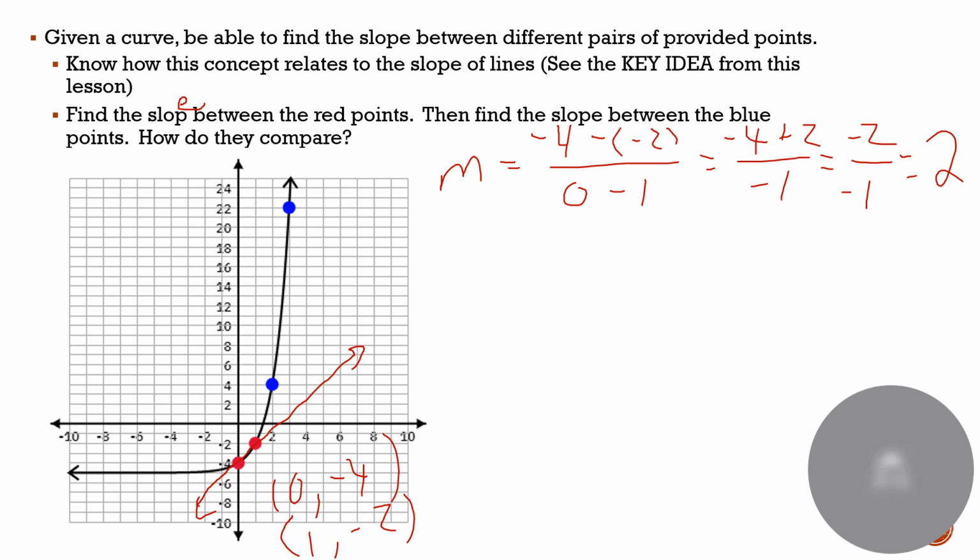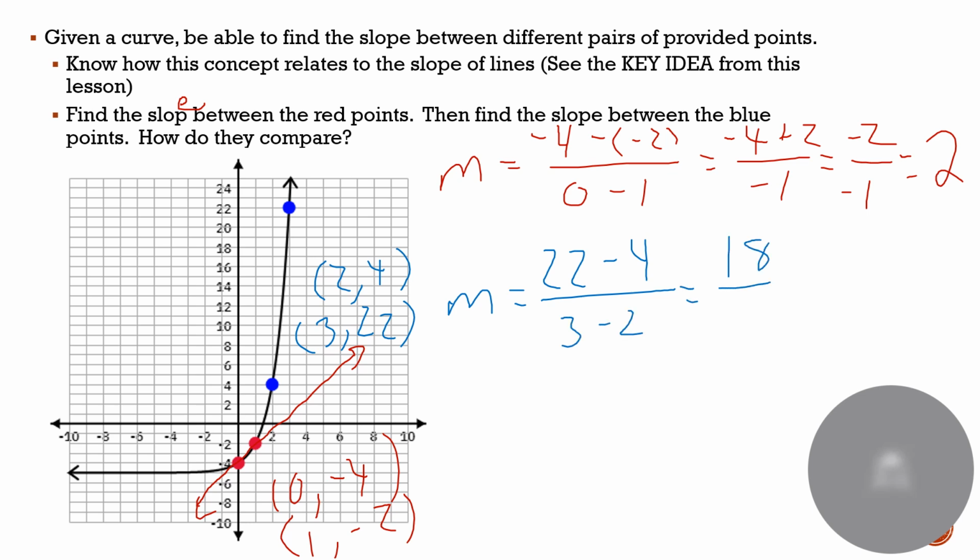On the blue, it appears that those points are 2, 4, and 3, 22. And so finding the slope between those points, I'm going to do this the easiest way I can. 22 minus 4 over 3 minus 2. 22 minus 4 is 18 over 1, which is 18.